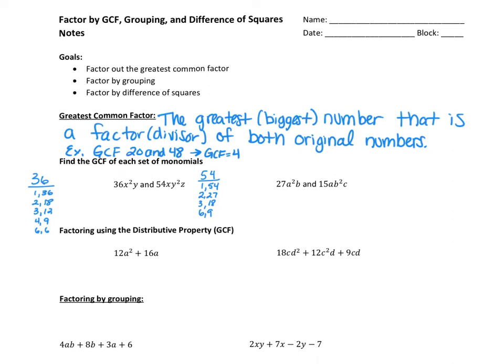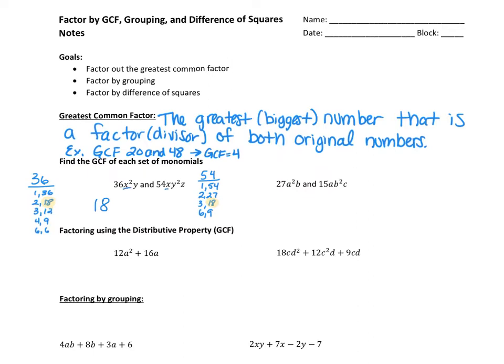Once I make those little factor charts, I can compare and see that the biggest number they both share is 18. So my GCF is going to be 18 for both of them.